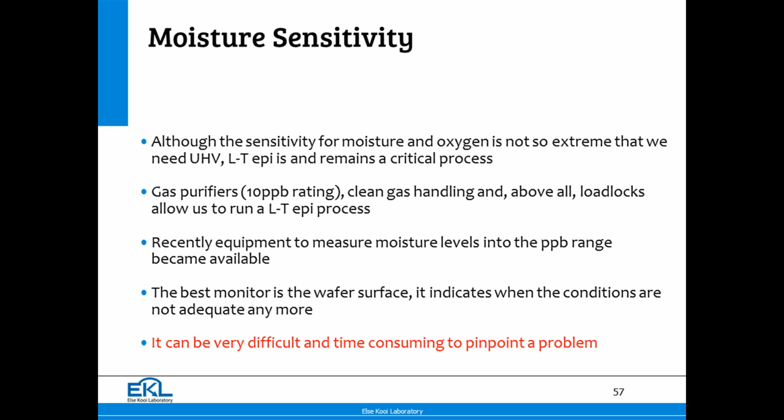You put the wafers in, you start heating, and moisture desorbs, is released during the process and spoils your low temperature processing. So it is the gas purifiers, the gas handling, but above all the load locks that allow us to grow low temperature epi in an epsilon or epsilon-like reactor.